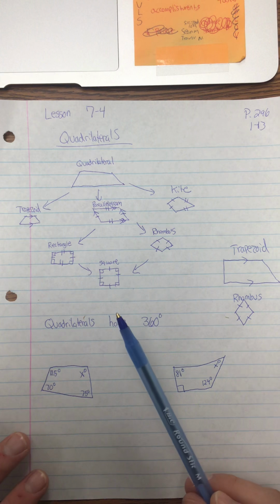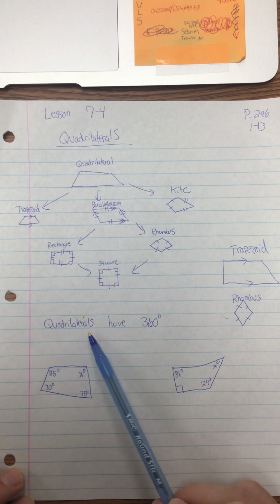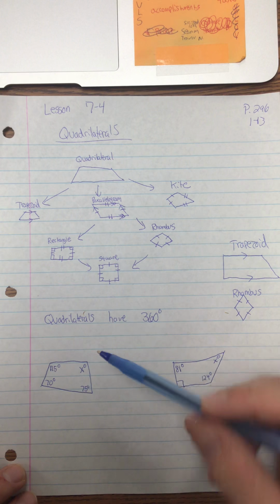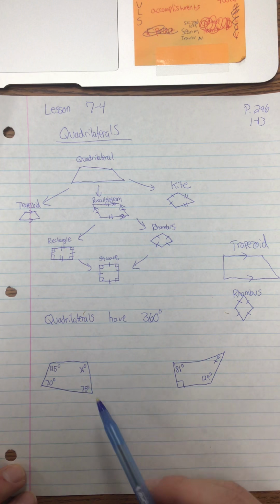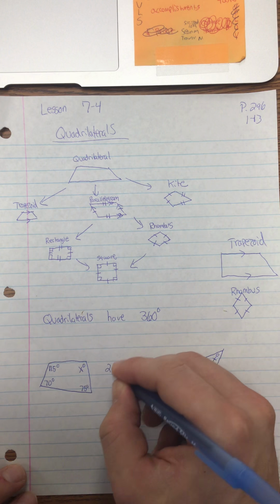Now, with triangles, we talked about there being only 180 degrees that made up a triangle. With quadrilaterals, they have 360 degrees. So it's the same idea in finding the missing angle: if we know three of the angles, we're able to find the fourth one. All we're going to do is add up all three of the angles that we know. So I'm going to take 70 plus 75 plus 115, and that gives me 260 degrees.